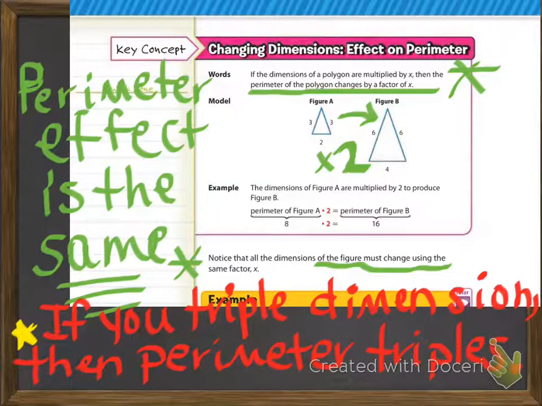In this example, figure A triangle to figure B triangle, the side dimensions are multiplied by 2. So the effect on the perimeter is the same. The perimeter is also doubled. Okay? If you were to triple the dimensions, then the perimeter would triple.